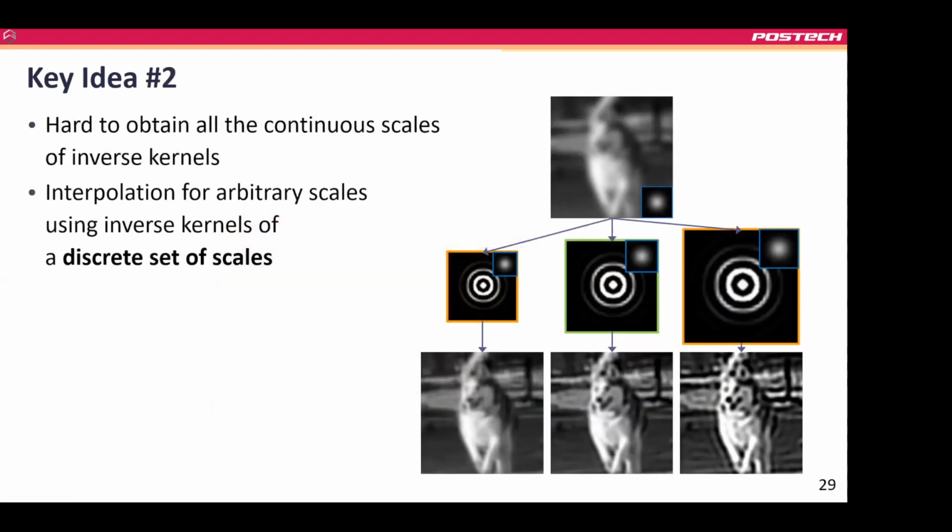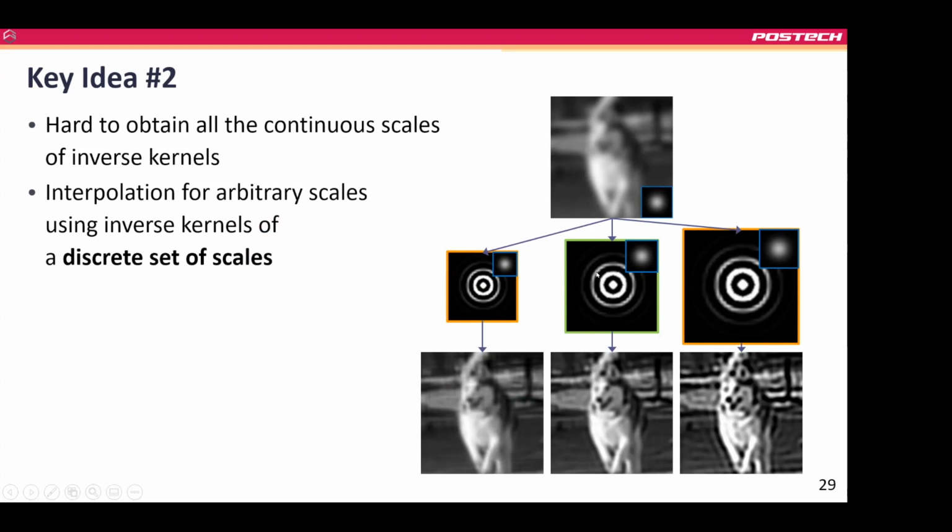The second key idea is about how to represent all the different scales of inverse corner. It may be hard or impossible to represent all the different continuous scales of inverse corner. Then we simply use some discrete set of inverse corners. Then we do some interpolation. In this example, to handle the defocus blur of this image, we need this kind of scale of this inverse corner.